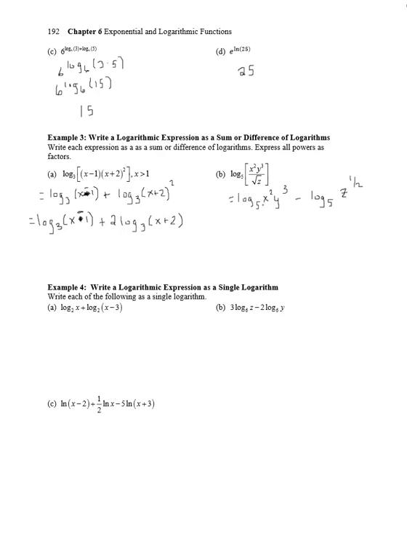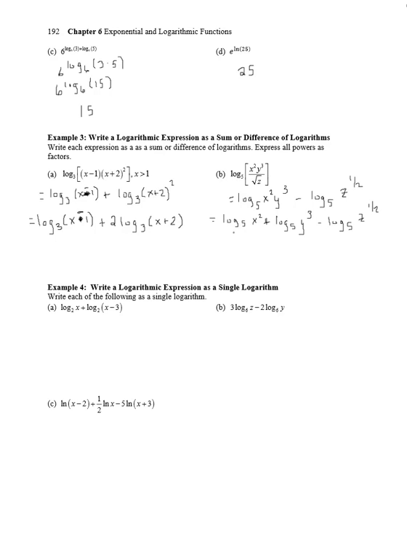This first logarithm has an x squared times a y cubed for its argument, so that becomes a sum. We have log base 5 of x squared plus log base 5 of y cubed minus log base 5 of z to the 1/2.